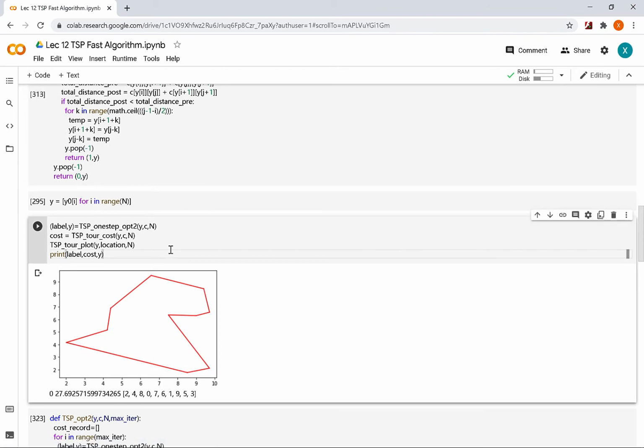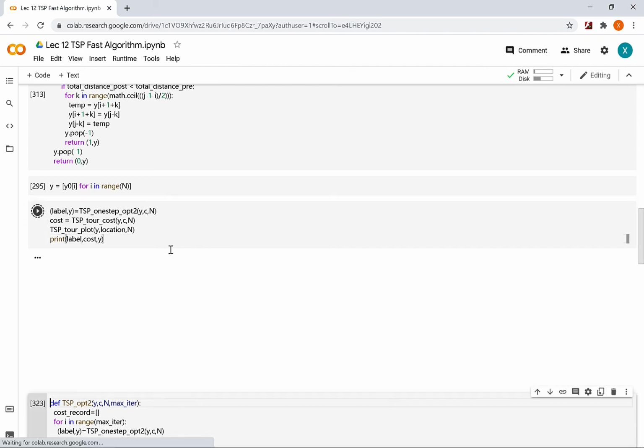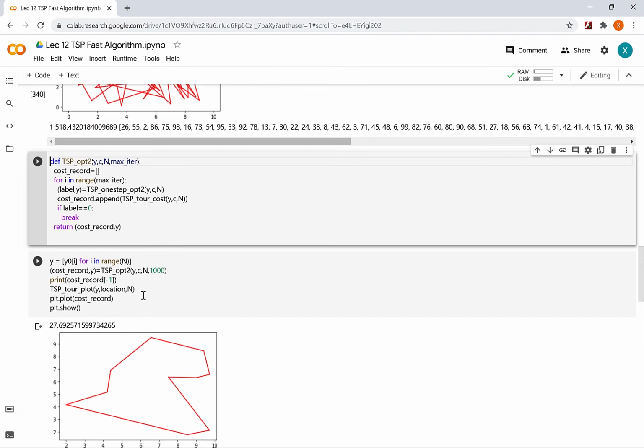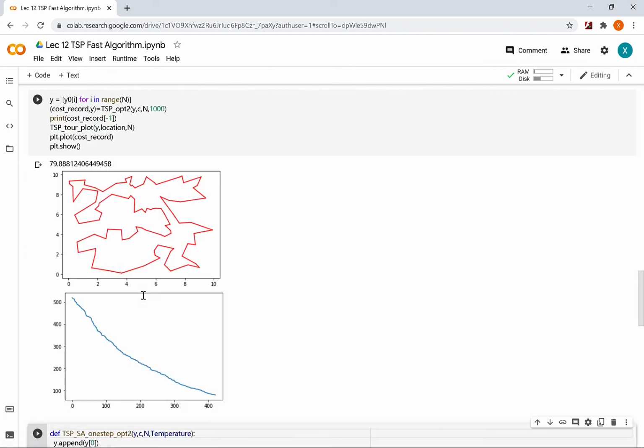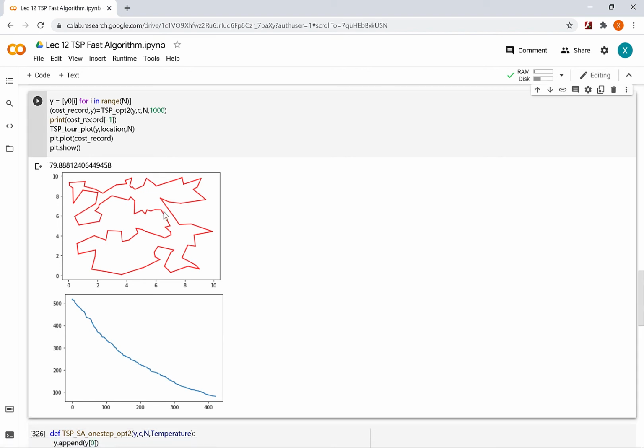Then we can use our 2-opt algorithm without simulated annealing. After we run for a little bit over 400 iterations, we get the solution, which looks pretty cool, and the total travel distance is around 80.888.